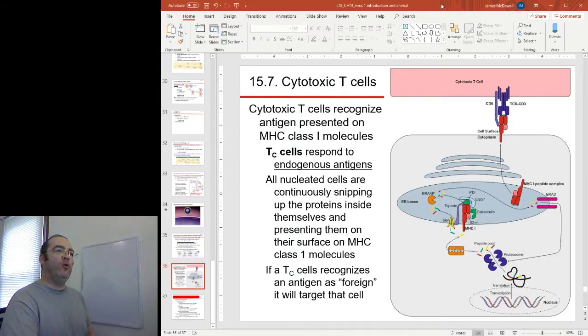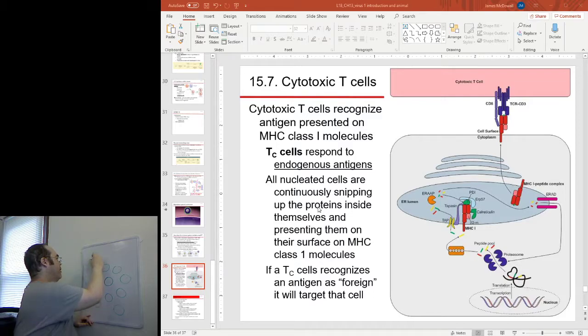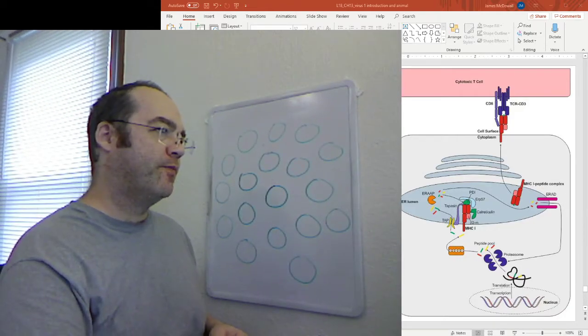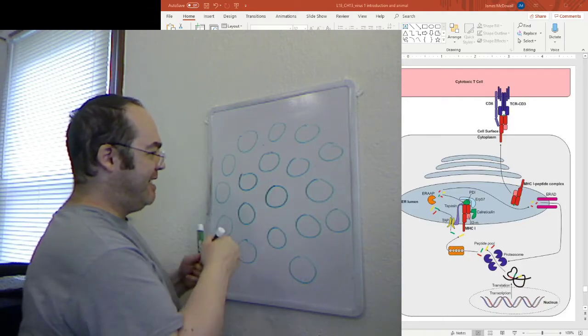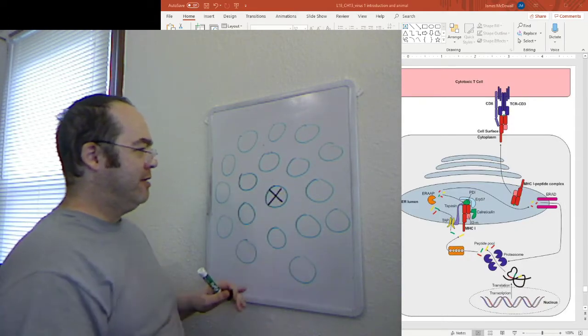Not mentioned here, but we also have the interferon response. That's when a cell is surrounded by other cells in the tissue. This cell in the center gets infected with the virus.